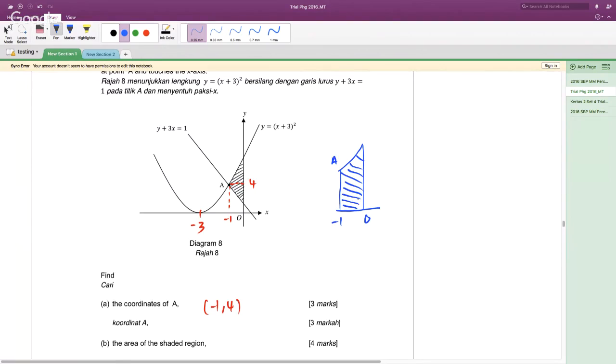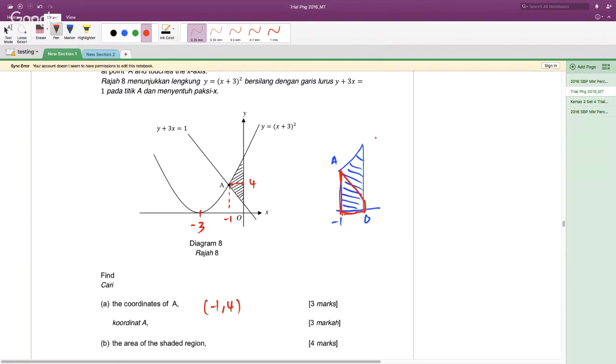But this is not the shaded region. In order to find the shaded region, I will need to minus the trapezium at the bottom. If I minus this trapezium here, then I can get the area of the shaded region. So this is how I get the area of the shaded region.